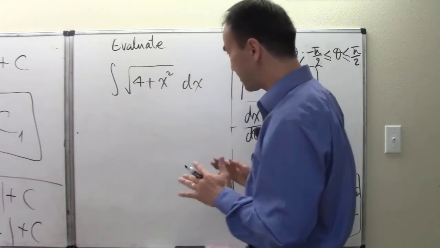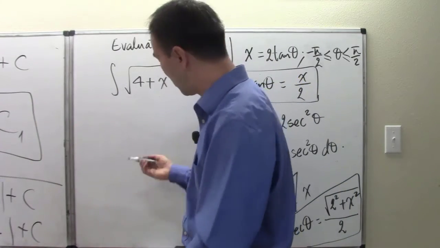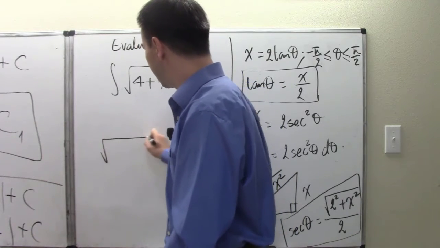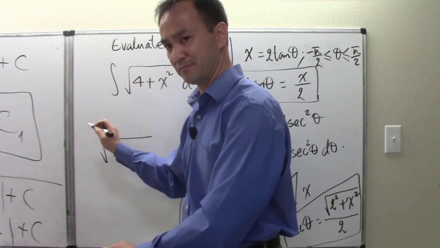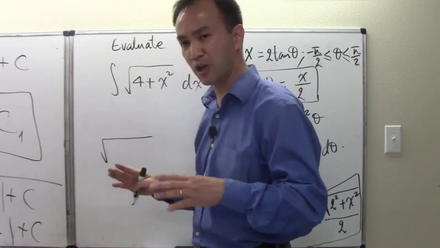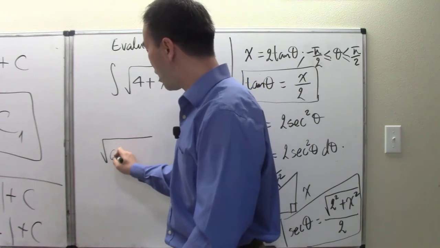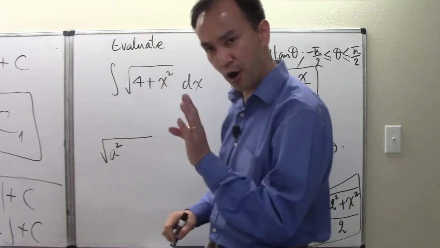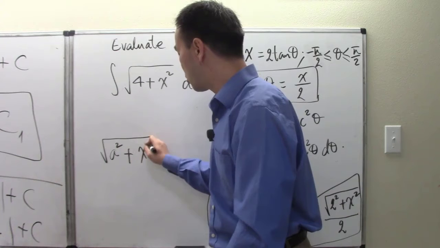This problem is a very basic problem that I brought up, but it primarily has this form. Our integral only has this square root of 4 plus x squared, but I'm talking about the general case out there. What I see here is that we have a constant term expressed as a square, plus an x squared here.